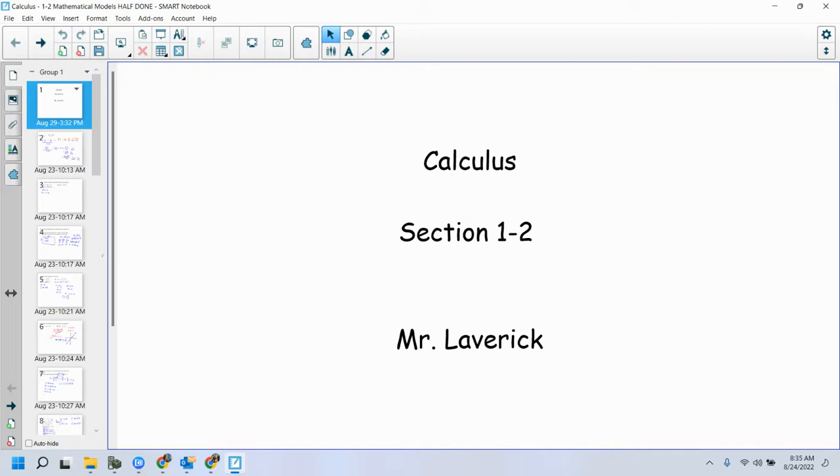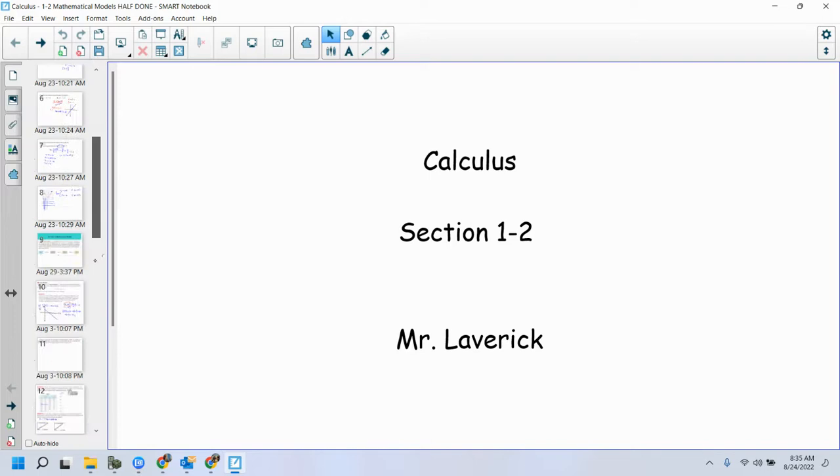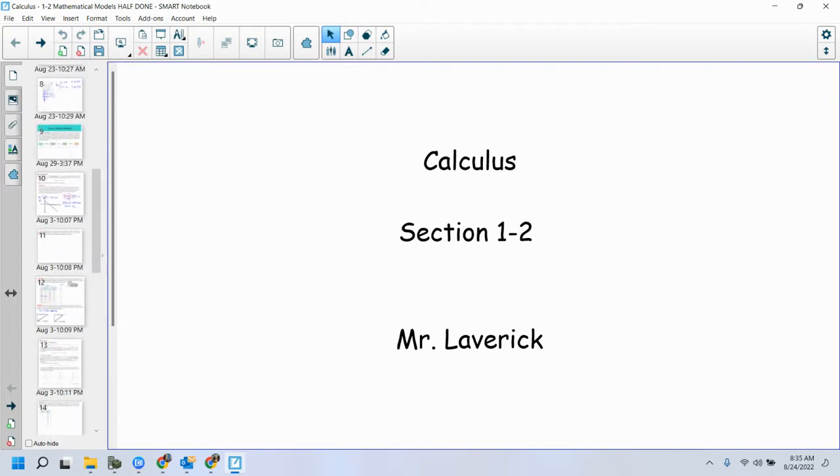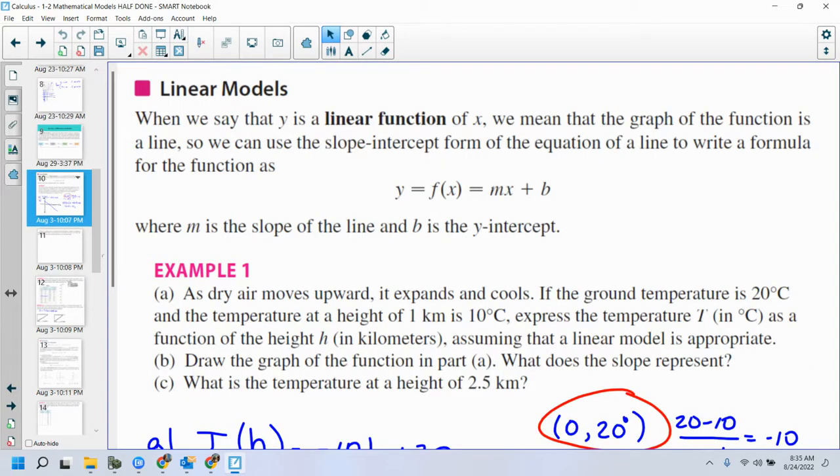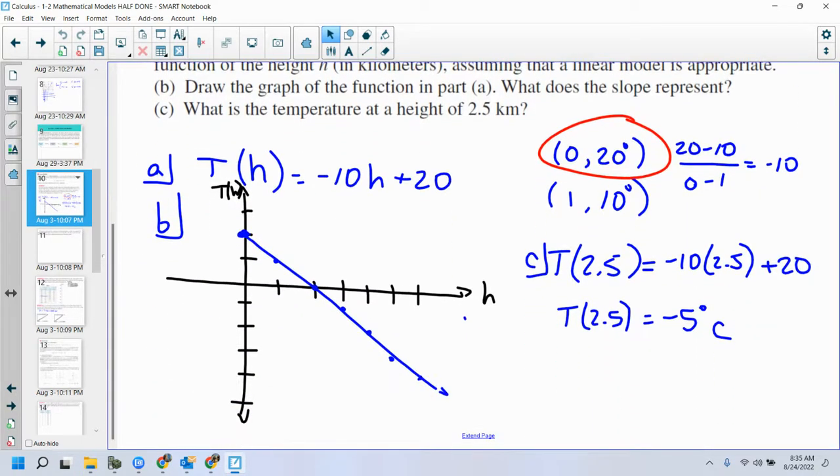So let's get into section 1.2. Yesterday I was talking about the different types of models that we could have. Basically, a model is just an equation that we can come up with to model a situation, right? This was the temperature versus height graph that we had.